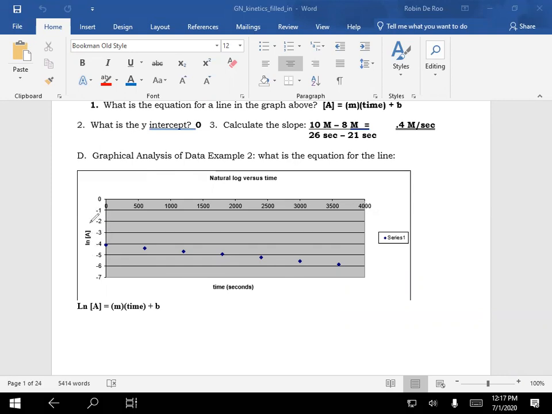So this is our y. If this is our y, natural log, then that's our y for y equals mx plus b. And then the time, because that's our x, and then the slope, and then the intercept. So in this case, your y is natural log of A. And notice this is linear, but it's going this way instead.